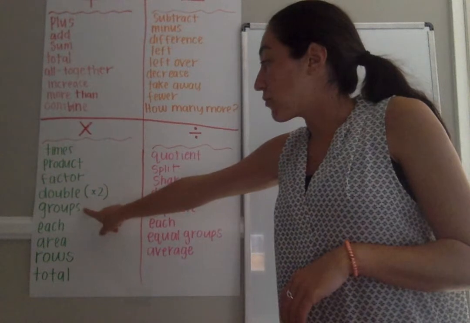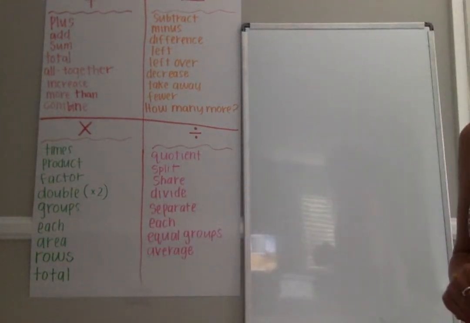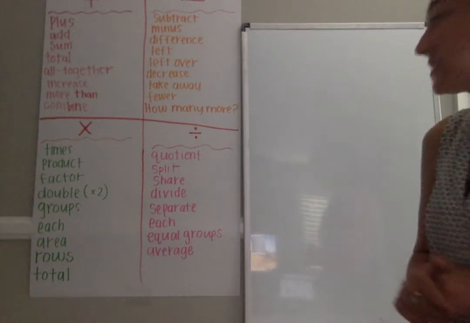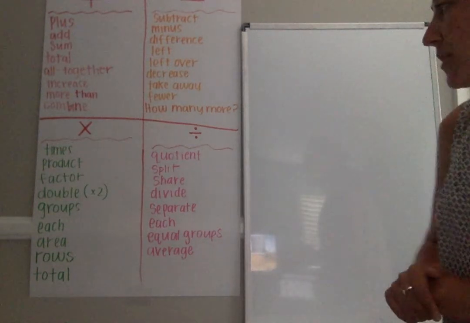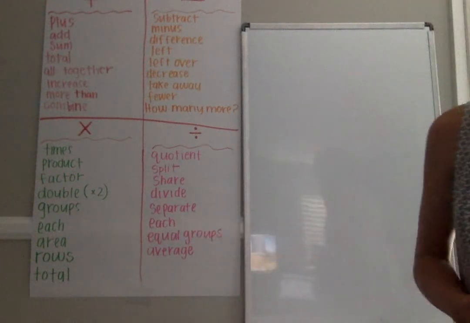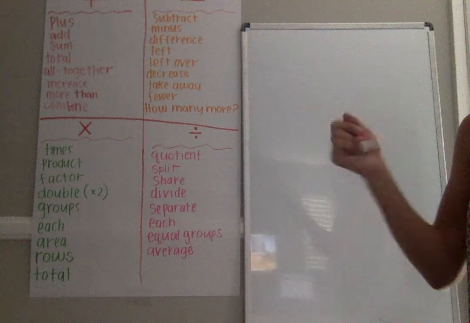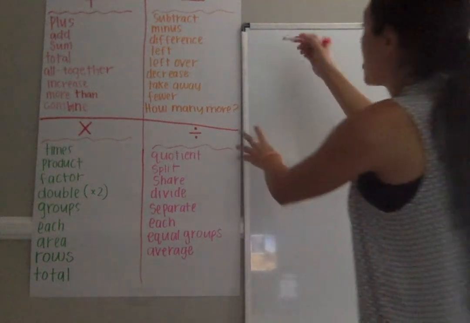So again, we have groups and each. And then Mallory sorted her seashells into 6 equal groups. So again, groups or equal groups, we're going to have to figure out which one we're going to use. But we do know that Hilda and Mallory have the same number of seashells.